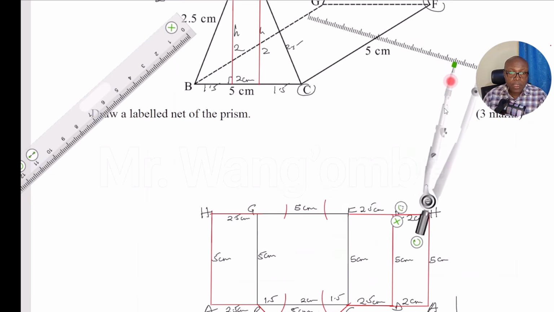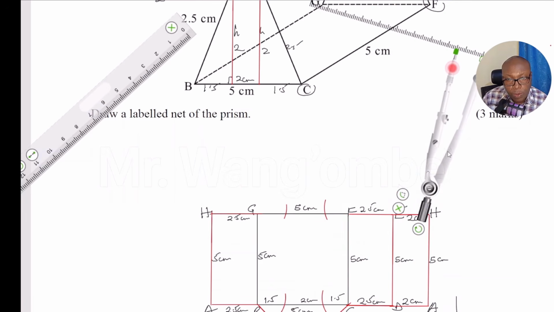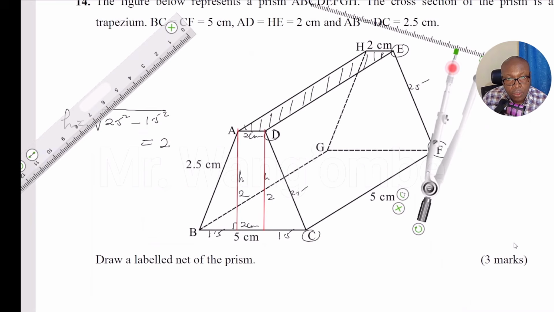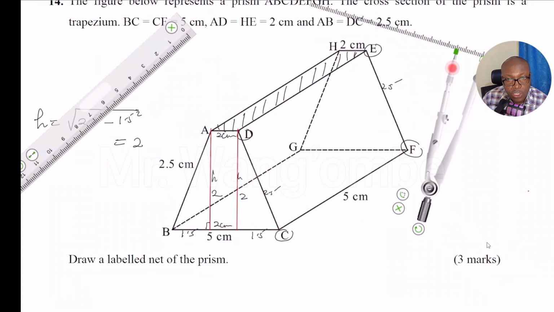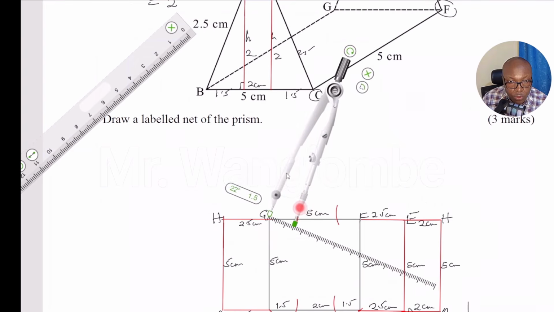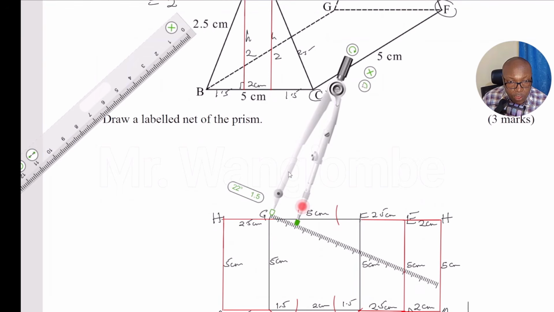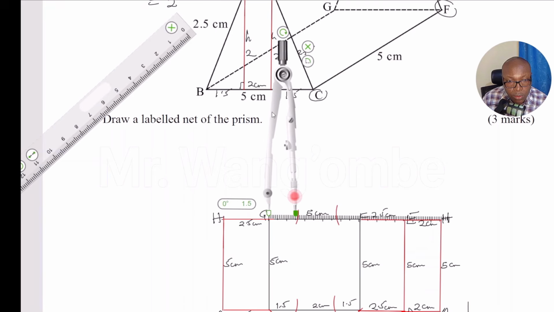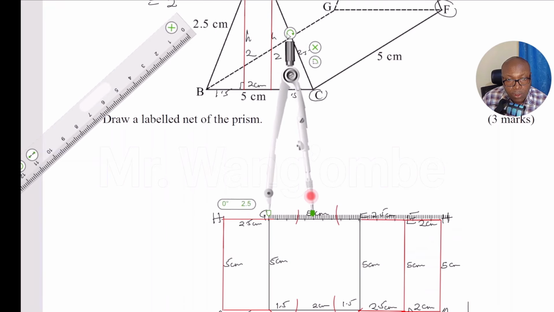Now, after marking 1.5, remember, we now take 2.5. Why are we taking 2.5? Because of GH and FE. So take a measurement of 2.5. With a measurement of 2.5, standing at G, 2.5 is there.